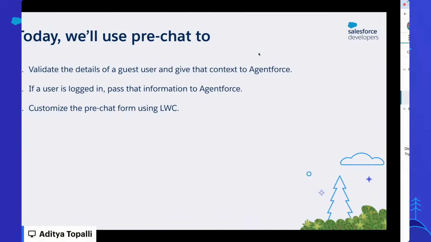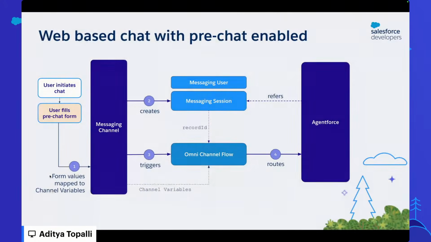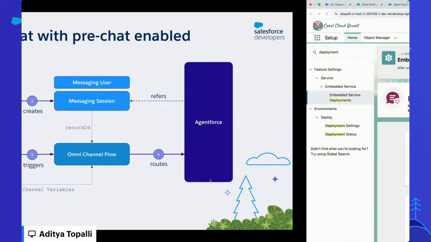If you have forgotten about that, let me show it back to you. The user fills the form, and the values are mapped to channel variables. You have already created a custom variable, and standard variables are always there for first name, last name, email, and subject. These variables are also passed in to the omni-channel flow. So that's the next step.